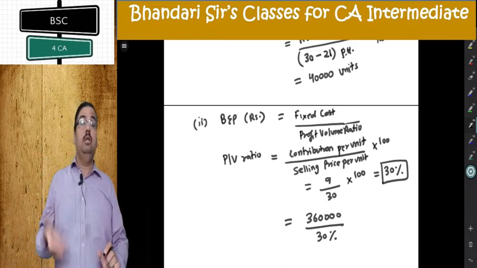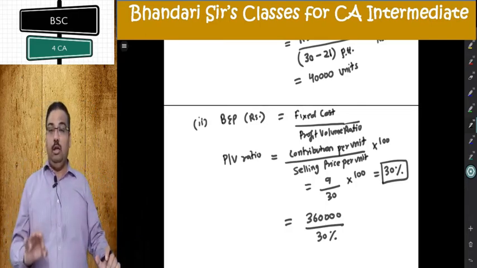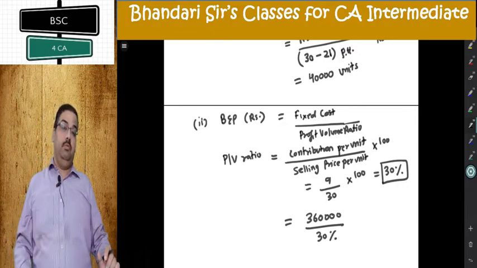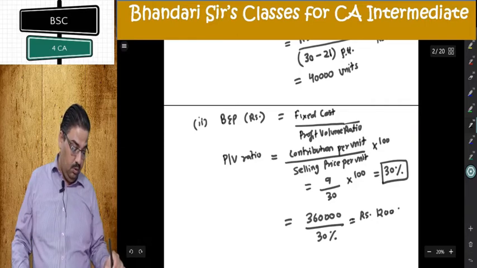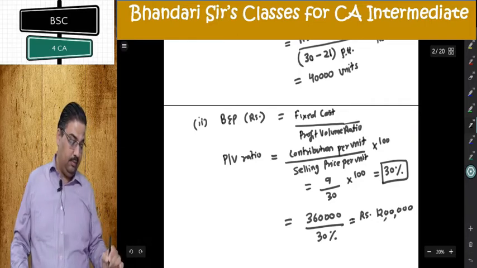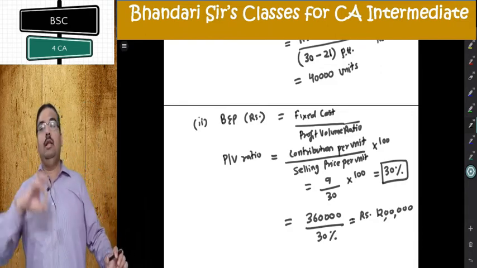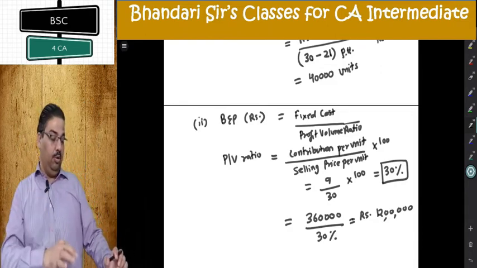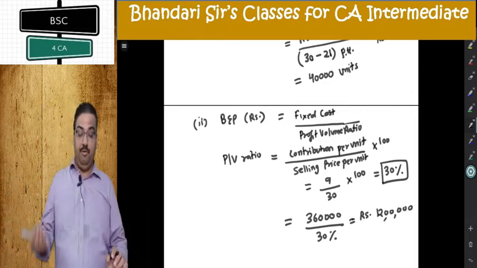What you are going to do is 3,60,000 divided by 0.30, or after 30 push the percentage button. That will give you the correct answer. So the answer is rupees 12 lakh. It is verifiable. 40,000 units sold at the rate of 30 per unit will give you 12 lakh rupees break-even point. At this level, they will start earning profits.